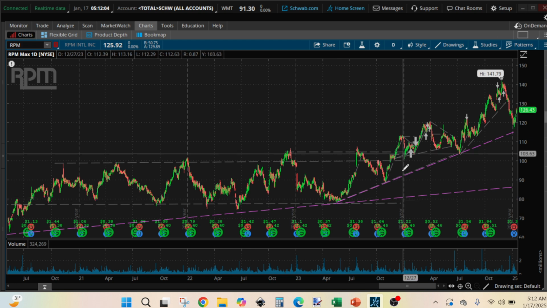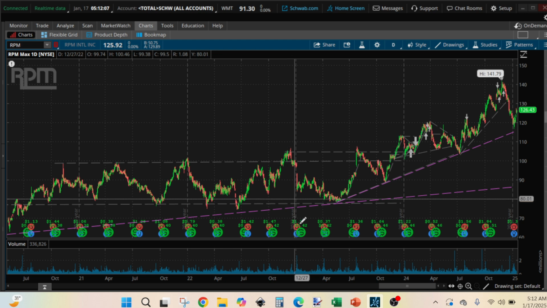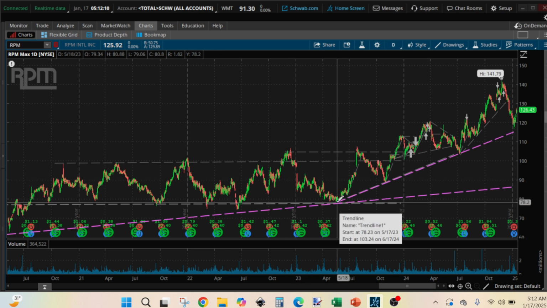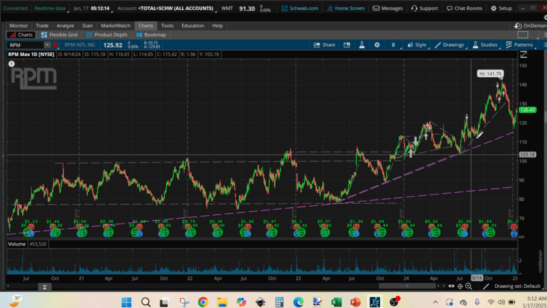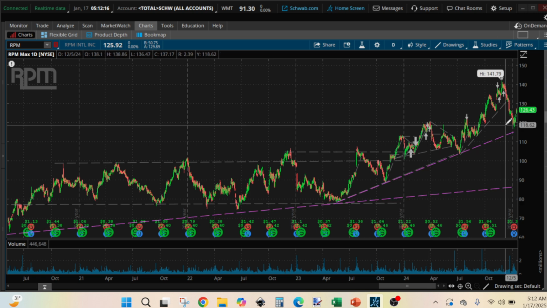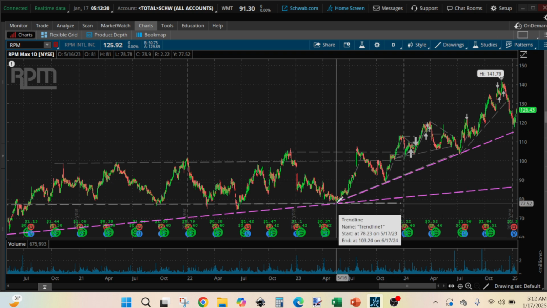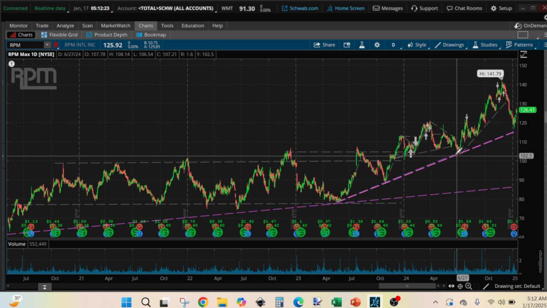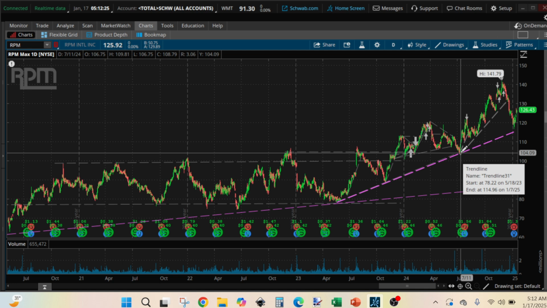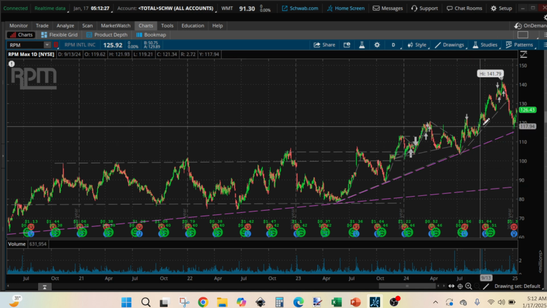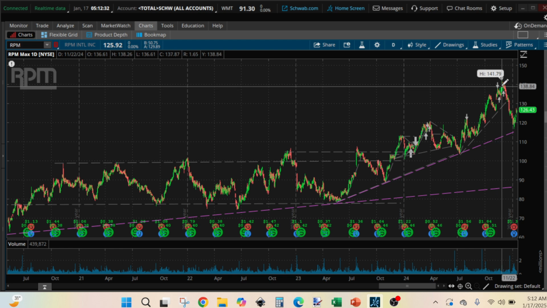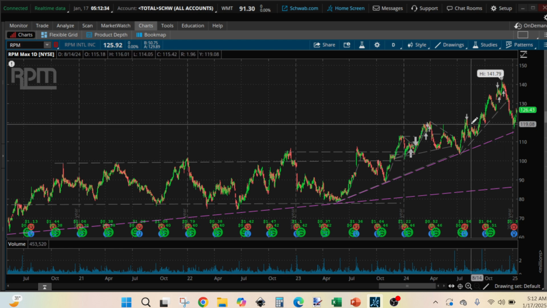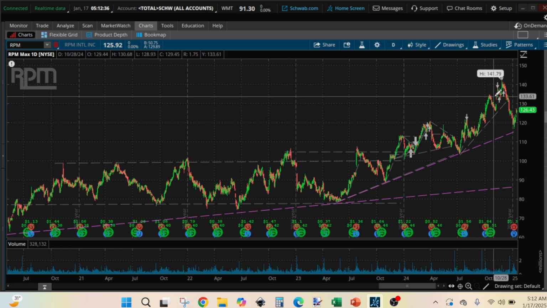This is 2024, this is 2023. So it is almost a year and a half trend line. We have multiple touch bases to it, and the goal is buying when it touches the trend line and starts going up, and selling it when it reaches a new high, and it is going to reach that new high a few times.